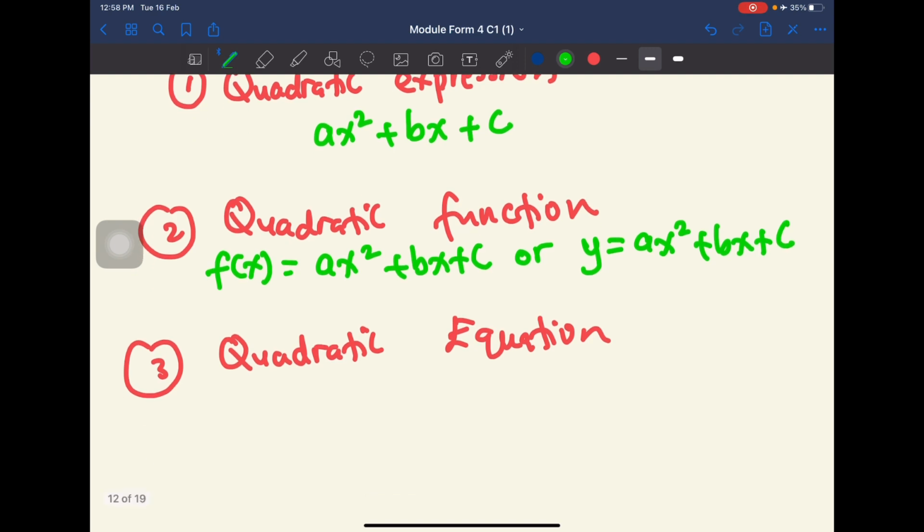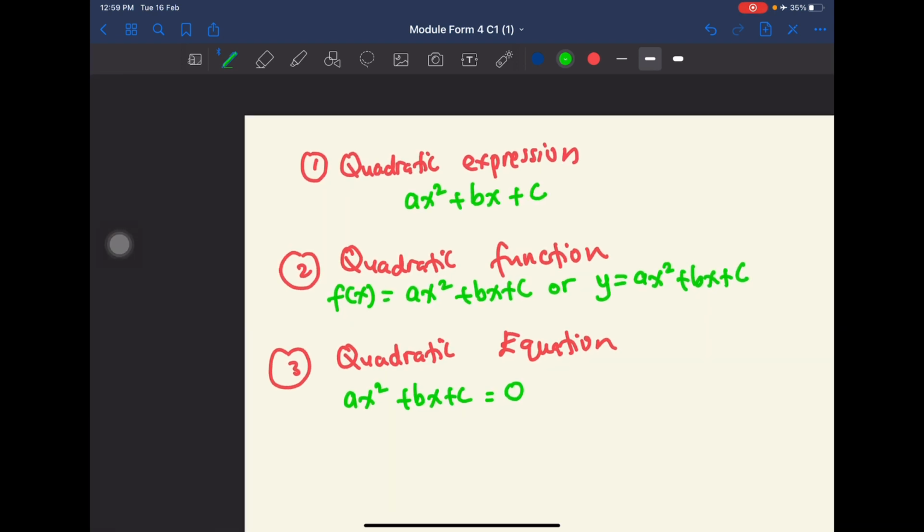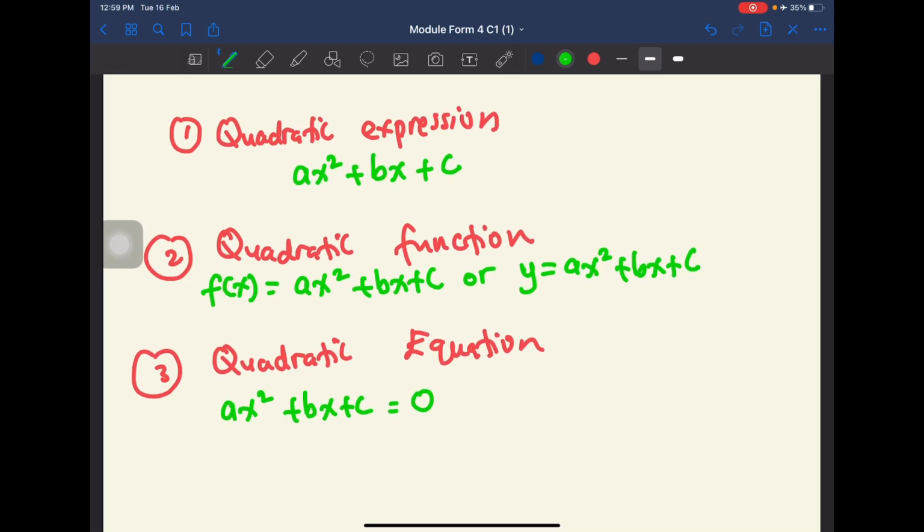Kalau equation, you have ax squared plus bx plus c equals to 0. So saya harap you can differentiate these three types. So kalau soalan sebut quadratic expression, this must be inside of your mind. Quadratic function like this, quadratic equation like this.